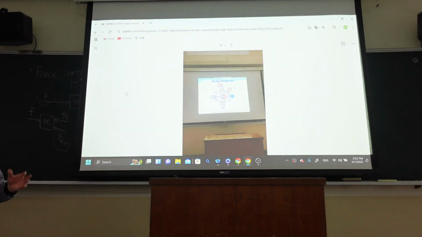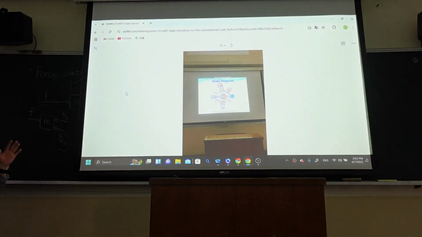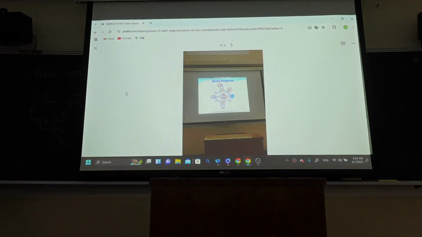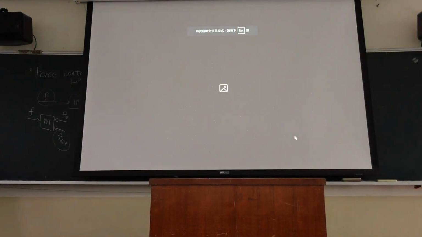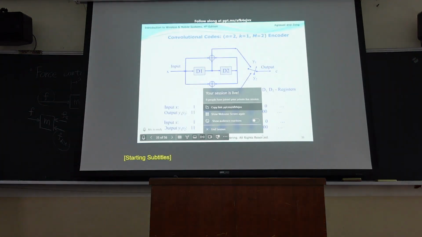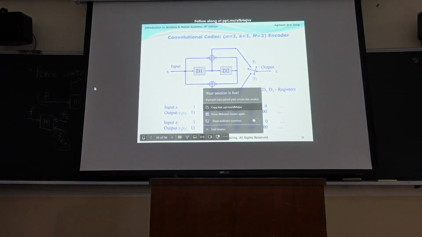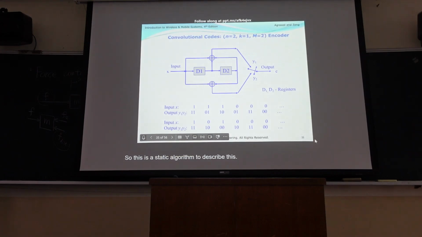This is the state diagram to describe this. Right?